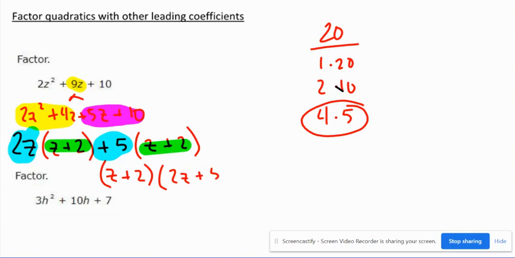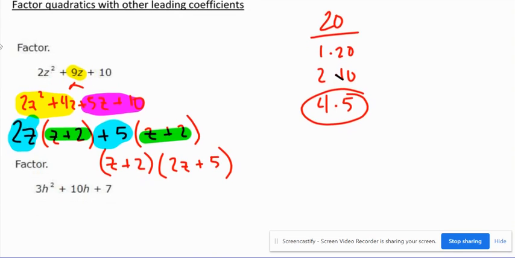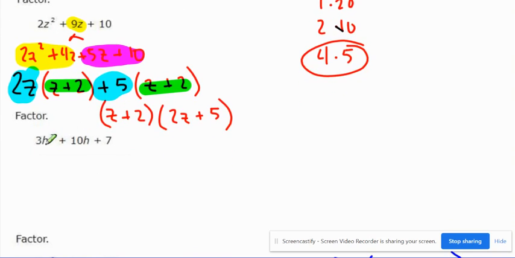And like I stated in the other video, it does not matter which factor comes first. So if you entered 2z plus, or wrote down 2z plus 5 times z plus 2, these are interchangeable because multiplication is commutative. Right?